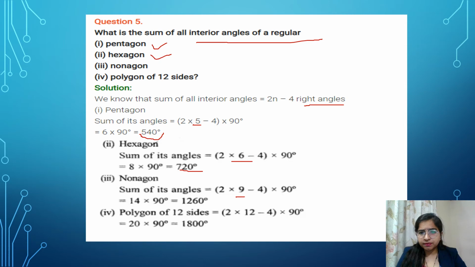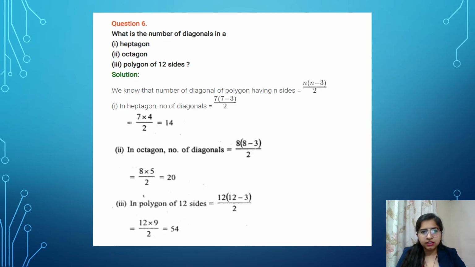Very simple. Clear? So coming to the next slide, let's clean this first. Question number 6: what is the number of diagonals, my dear? Listen. To find the number of diagonals, I know that it's too typical for you to learn so many formulas.